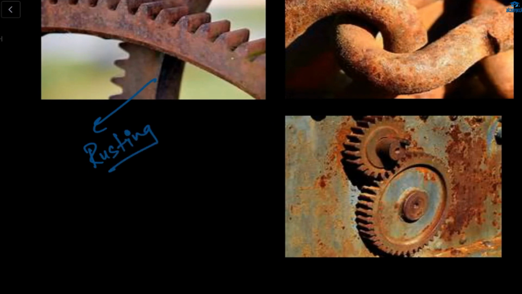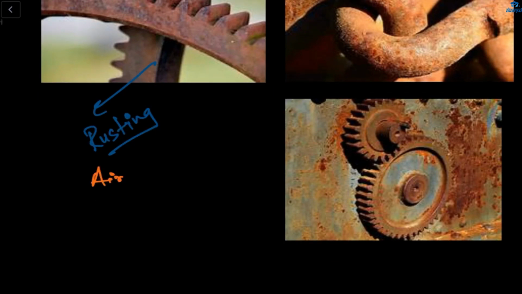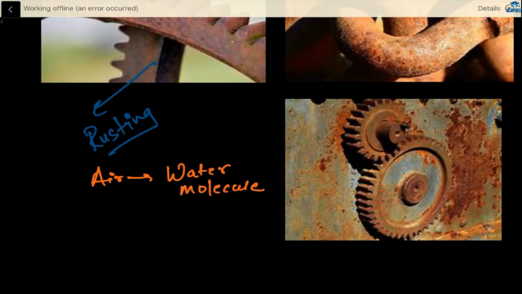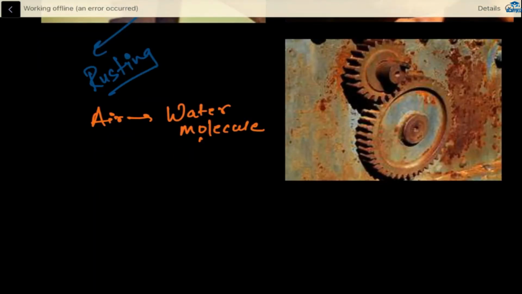See, if we kept a metal in an open space like a terrace or wherever, then what happened? In air, there is a water molecule in the form of humidity. So the water molecule or the oxygen gas which is present in the environment will start reacting with my metal.